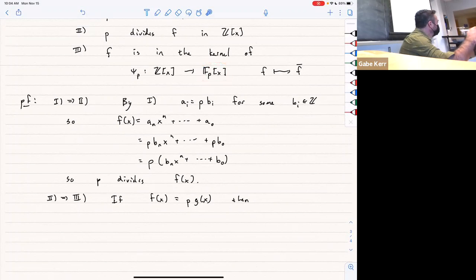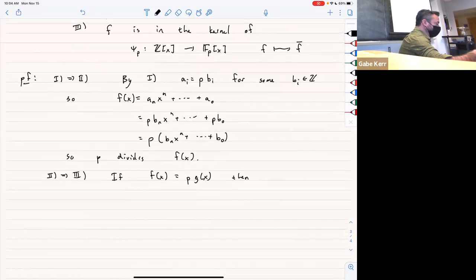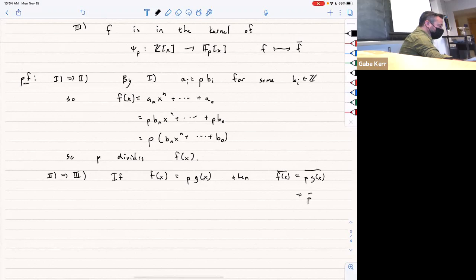You're modding out the coefficient. That's just easier than having to write everything out. And f bar of x is p bar times g bar of x, but this is a homomorphism. And this is 0, 0 times something. So it's in the kernel.